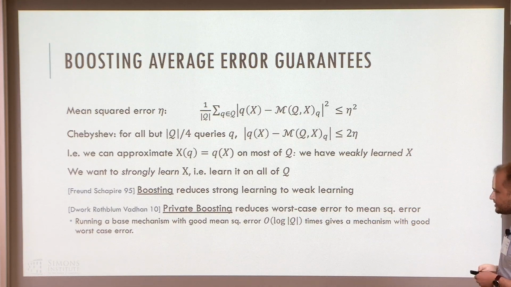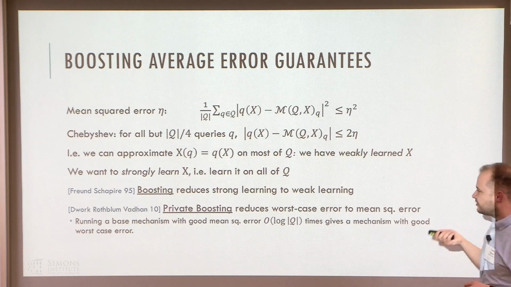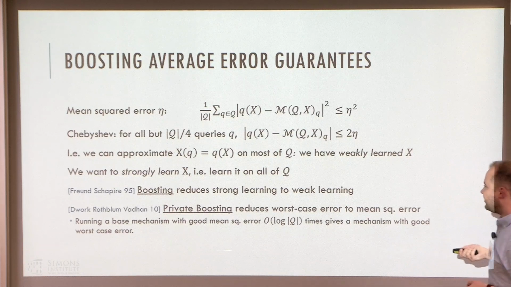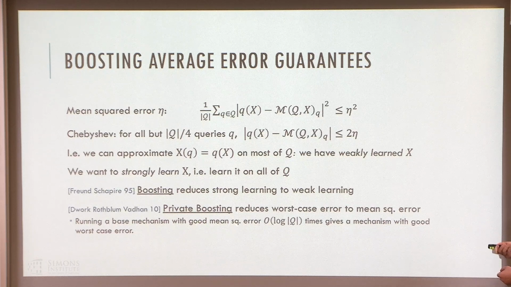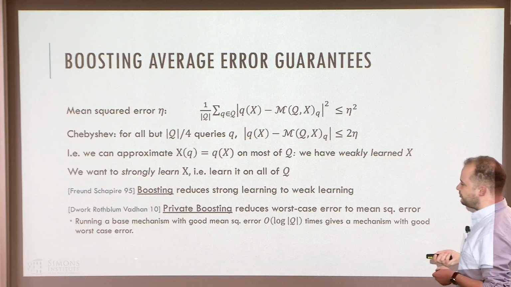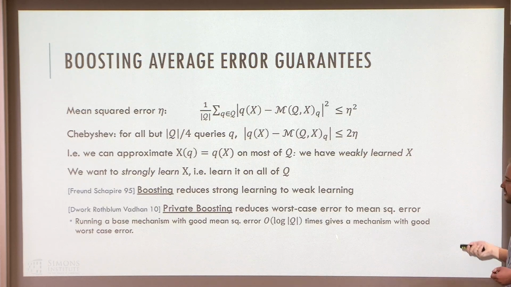And there is a version of this due to Cynthia, Guy Rothblum, and Salil Vadhan, which is private boosting, which similarly reduces worst case error to mean squared error. So using private boosting, you can run a base mechanism with good mean squared error a relatively small number of times, and from that extract a mechanism with good worst case error.